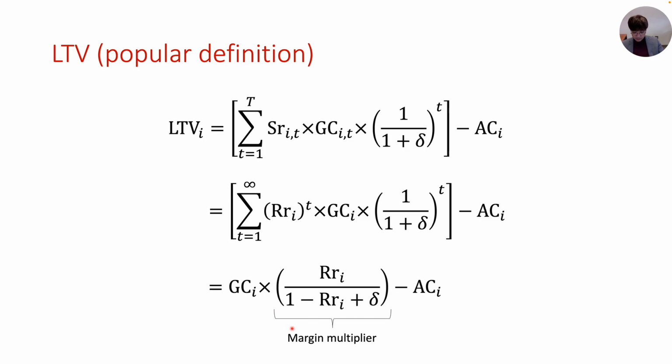This multiplier is called the margin multiplier, which is determined by the predicted retention rate and the discount factor. This form is the popular definition of LTV in practice. You may find exactly the same formula in the case study.